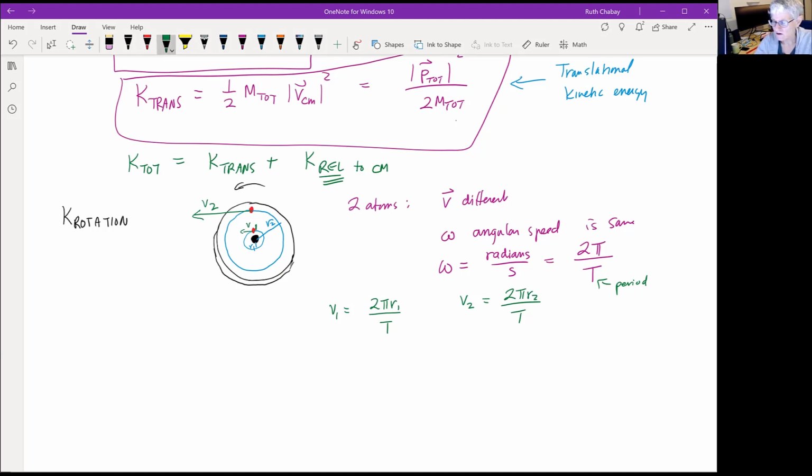So in general, we can say that the speed is equal to 2 pi over T times the radius of that particular thing's motion, and 2 pi over T is the angular speed. So there's a relationship between speed and angular speed: v is equal to omega, the angular speed, times r.